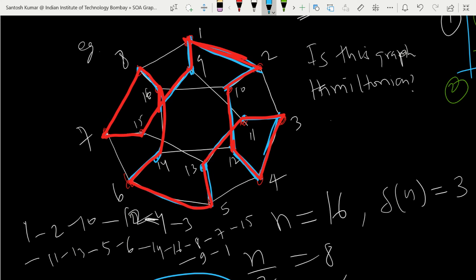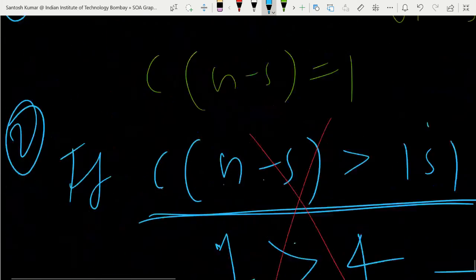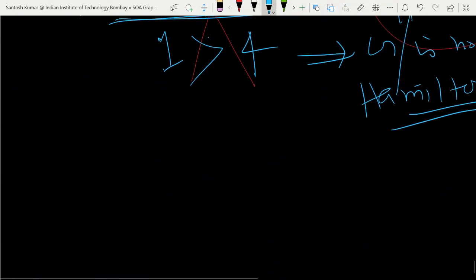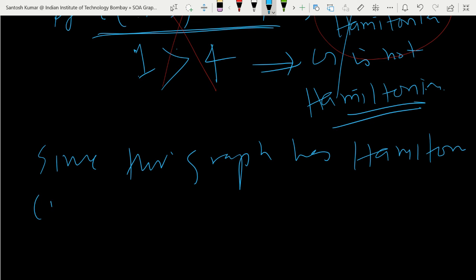Fine. So this is a Hamiltonian cycle. Since this graph has a Hamiltonian cycle, therefore it is a Hamiltonian graph.